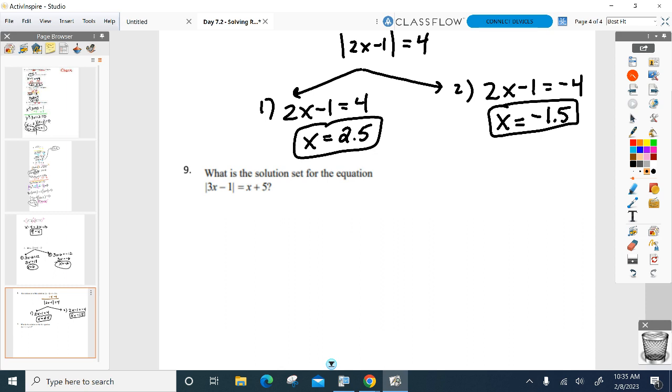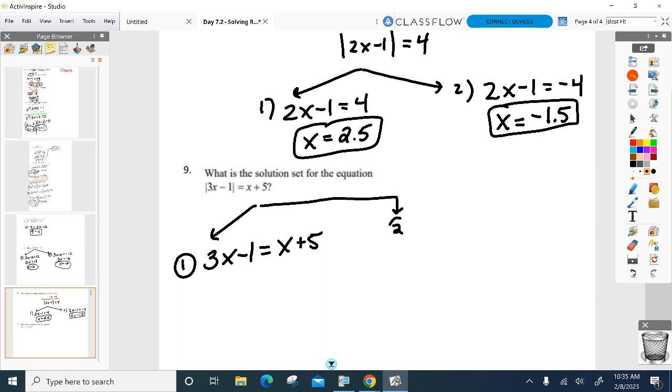Last one. Absolute value by itself, correct? The reason I'm doing this, the first equation we know: drop the absolute value and rewrite it. 3x minus 1 equals x plus 5. It's the second equation that's the reason I'm doing this one with you last. Go ahead, drop the absolute value.